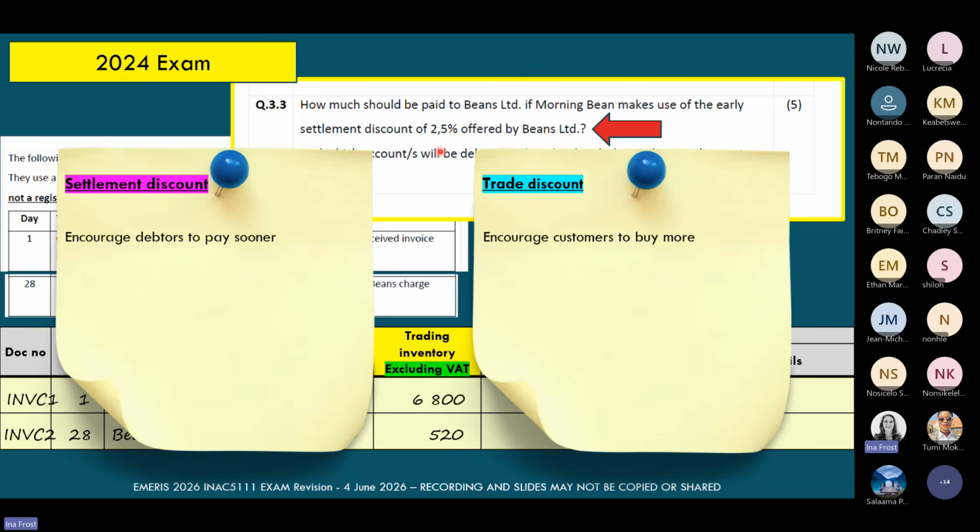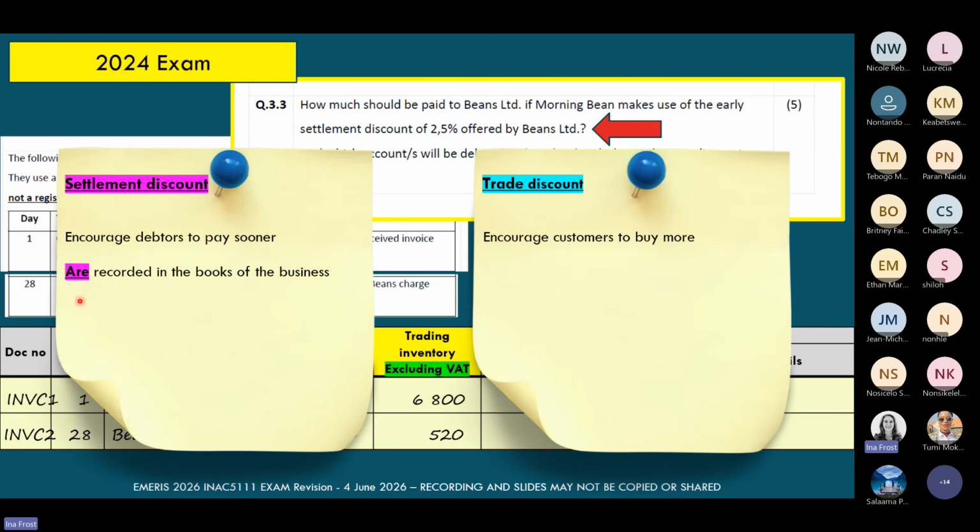A trade discount, on the other hand, is a discount we offer our customers to buy more of our product. So there is a difference between a settlement discount and a trade discount. And there's also a difference in how we record the two discounts.